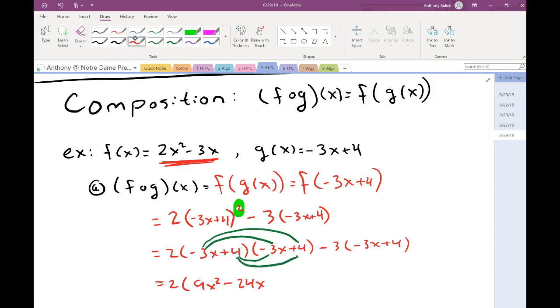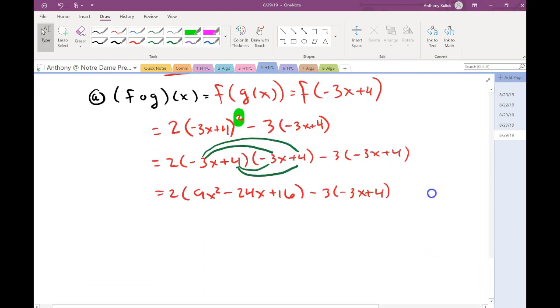And then 4 times 4 is 16. Everybody okay to there? Okay. What should I do next?